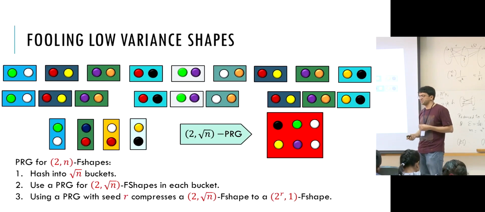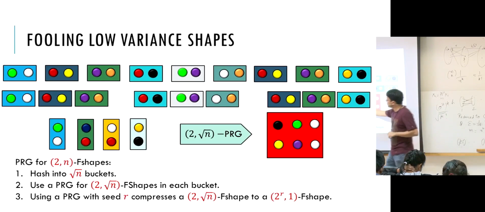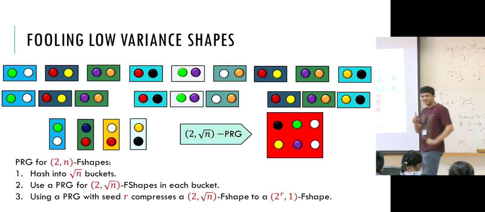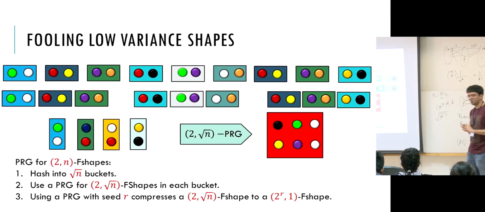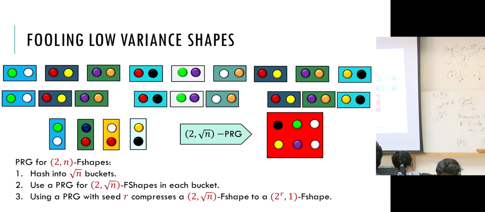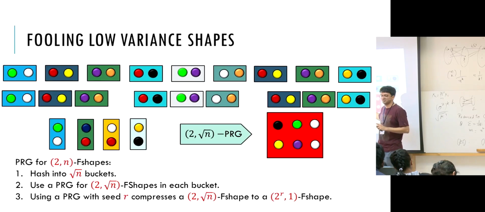What would that PRG give me? I claim that it's going to take each of these things and make it into one Fourier shape over a larger alphabet. Why is that? Okay, let me focus on this one. I have a generator for root n dimensional shapes. I plug in a seed, and then I figure out what values I want to assign here. Each of them gives me a complex number. I multiply that back. Finally, what happened is, for this value of the seed, I got a complex number.